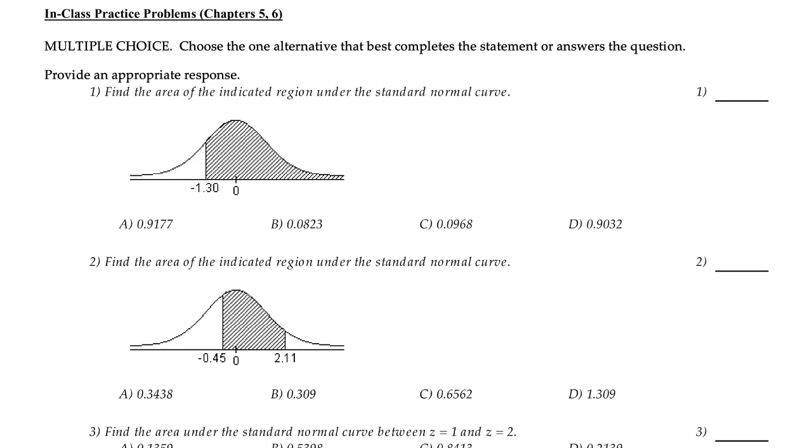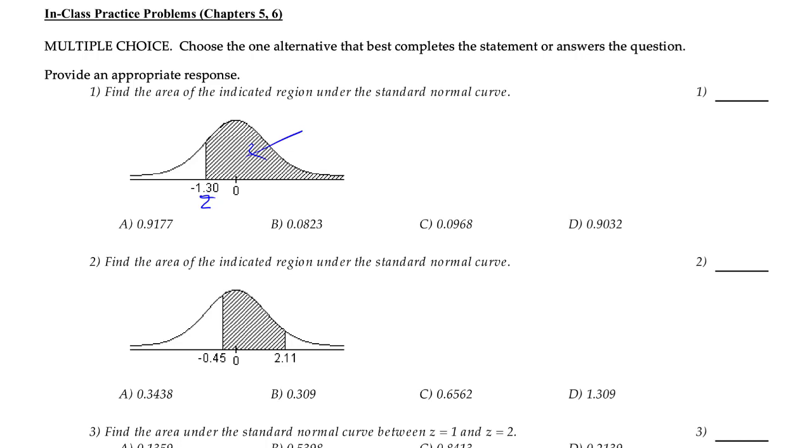Okay, so let's look at a bunch of problems from Chapter 5 and Chapter 6 as a review here. So let's start here. Find the area of the indicated region under the standard normal curve. What they're showing is the standard normal. They're giving us the z value of negative 1.30, and they want the area to the right.